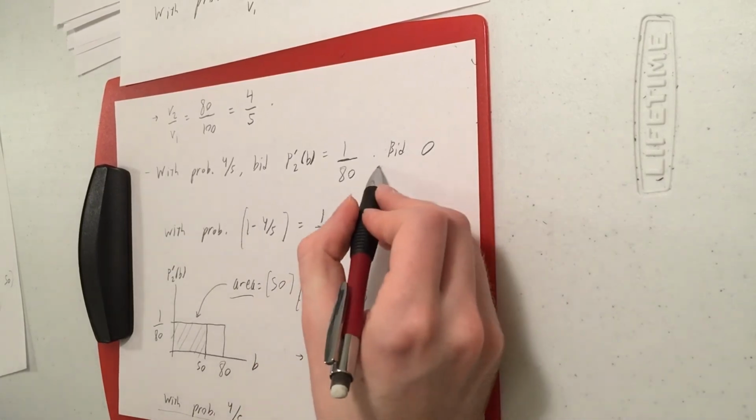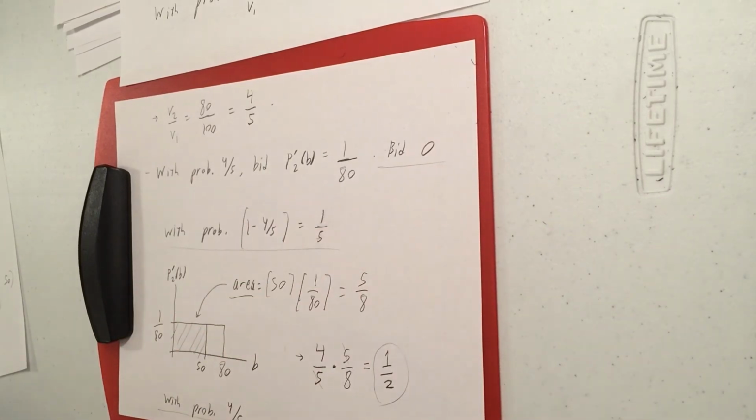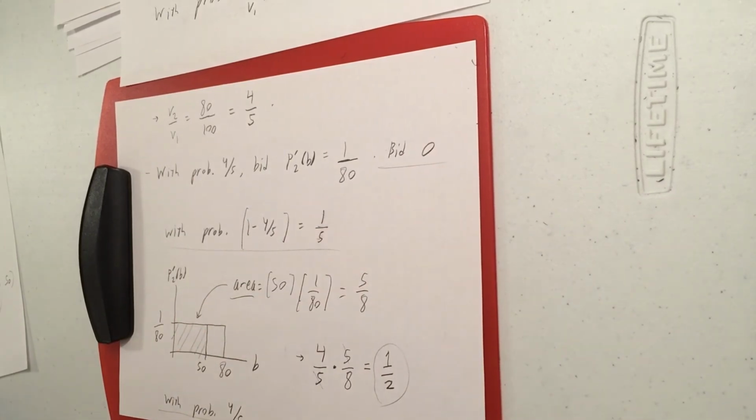Now, the other 1/5 of the time, she bids 0. Well, a bid of 0 is less than 50, right? So that still counts.